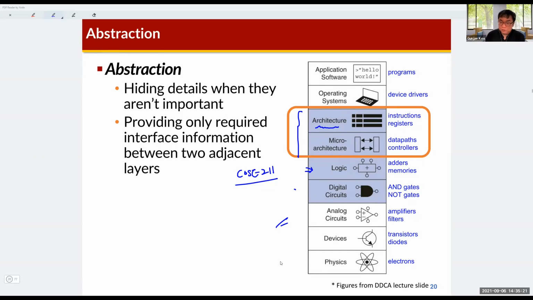So we also learn about this microarchitecture. Microarchitecture is composed of many logic designs, and logic designs are composed of digital circuits such as the AND gate, NOT gate, OR gate. These gates are composed of transistors.